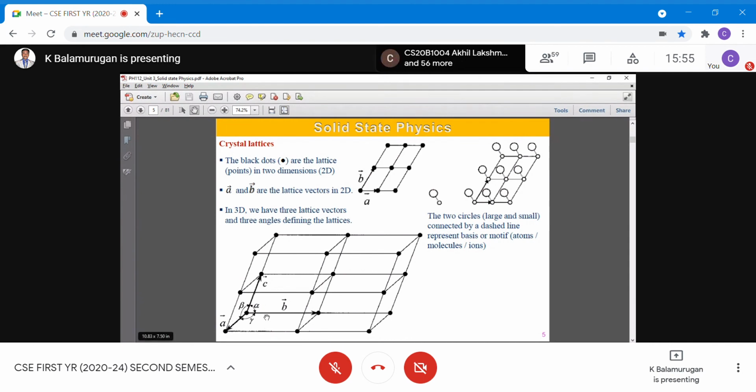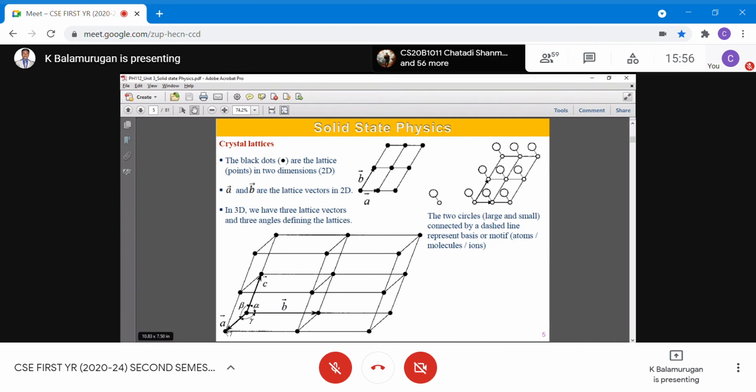Similarly, along the y direction, the distance between 2 points is defined by vector B, and vector C defines the distance between 2 points along the z direction. Now I can also define the angles between them. For example, the angle between vector B and C as alpha, the angle between C and A as beta, and the angle between A and B as gamma.